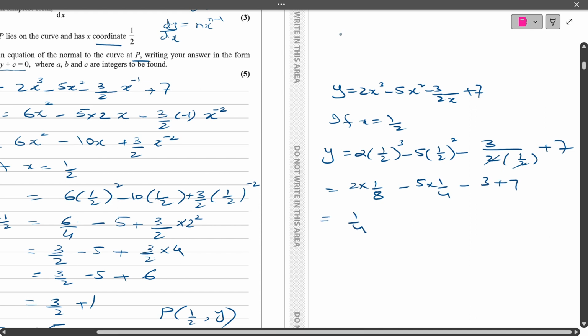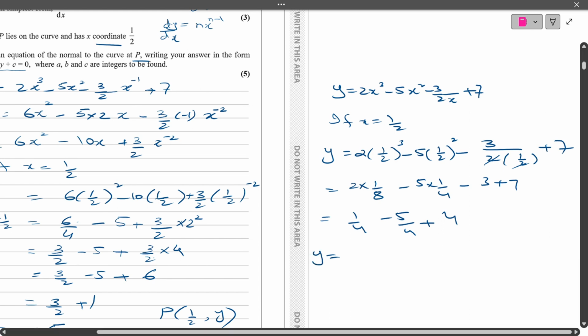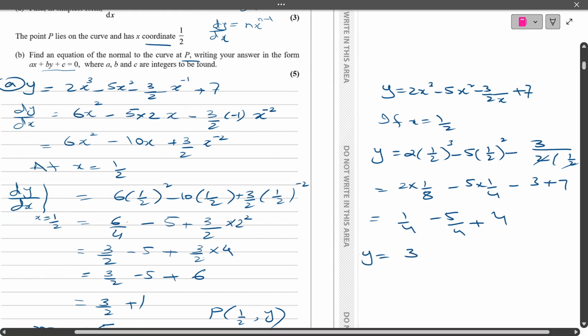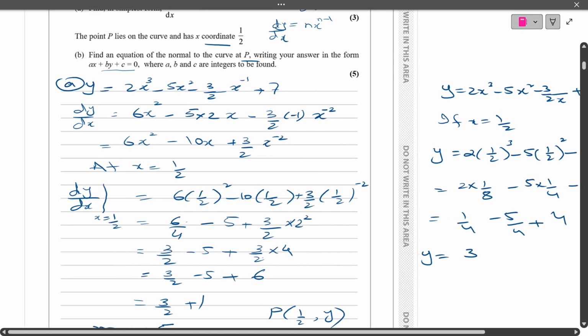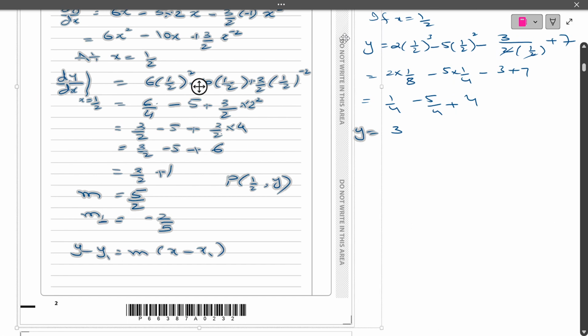So 1 over 4 minus 5 over 4 plus 4 is 3. So y here is 3. Okay, I'm going to use this value of y to form the equation of the normal.